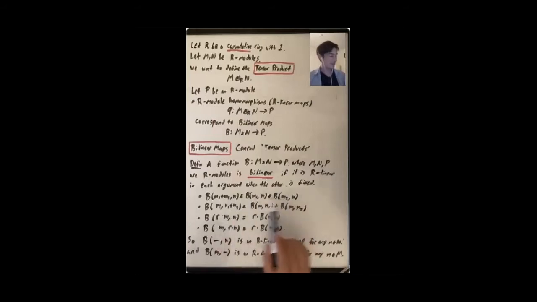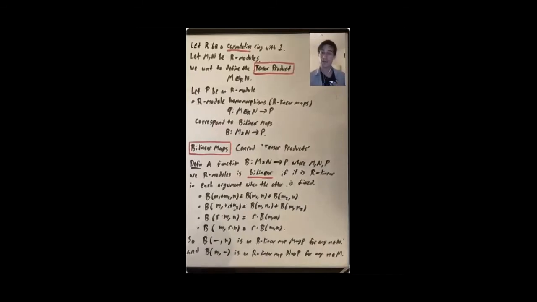You see that you have a kind of distributive law for addition in the first argument. Same thing if you keep M fixed, you have this distributive law in the second argument. B of (M, comma, N1 plus N2) is B(M, N1) plus B(M, N2). So you have a similar distributive law in the second argument with respect to addition.